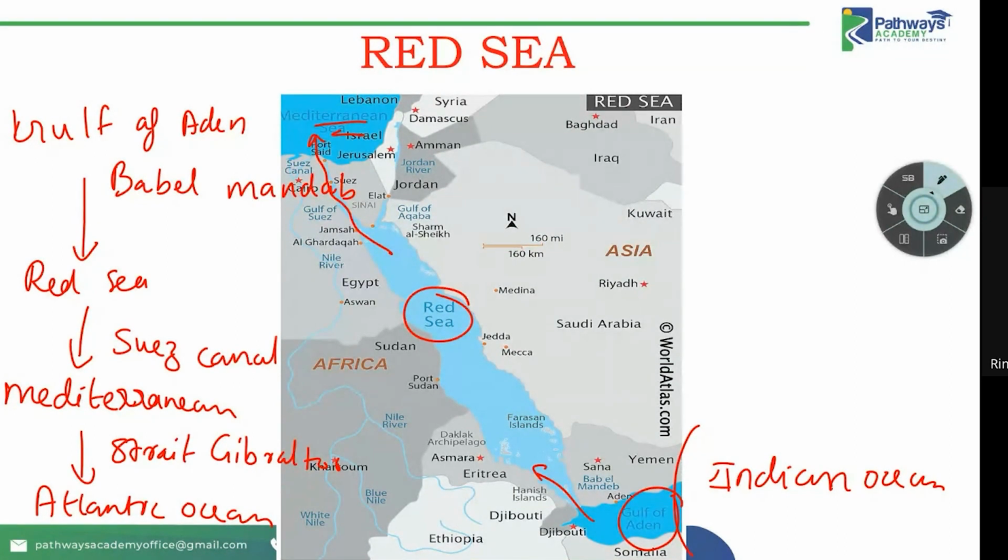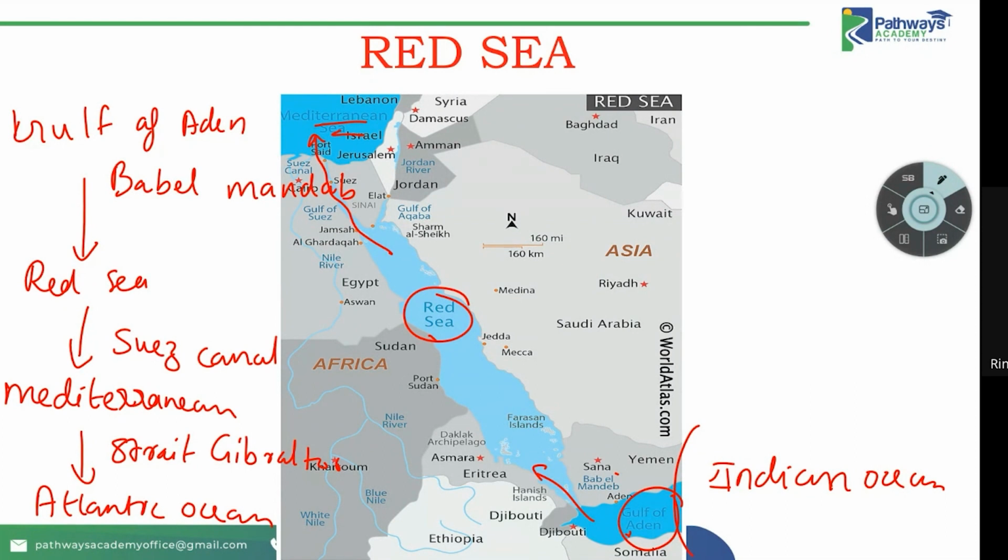So please note it down. The Gulf of Aden is situated between Yemen and Somalia. From the Gulf of Aden, a narrow strait known as Bab el-Mandeb connects to the Red Sea. From the Red Sea, the Suez Canal connects to the Mediterranean Sea. Finally, the Mediterranean Sea connects to the Atlantic Ocean through the Strait of Gibraltar.